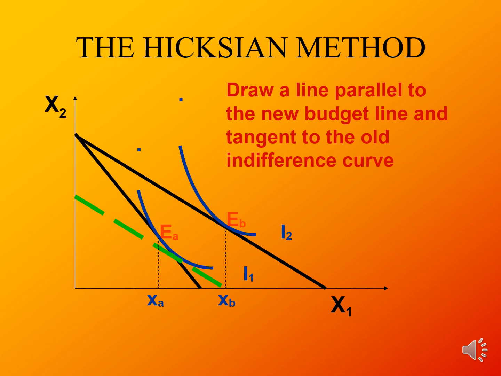Now we have to draw a new line which is parallel to the new budget line and which is tangent to the old indifference curve. And we can see that a green dotted line is drawn, and that line is parallel to the newly formed budget line and it touches the old indifference curve.